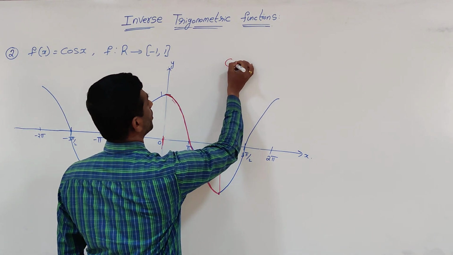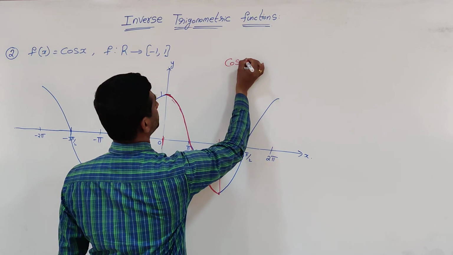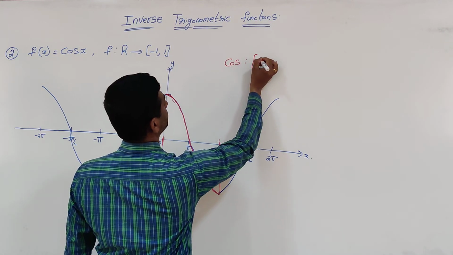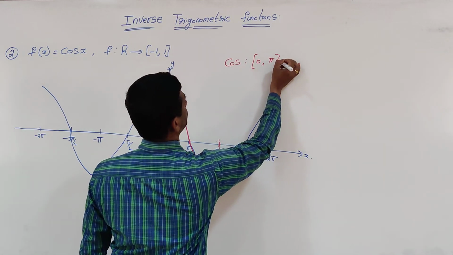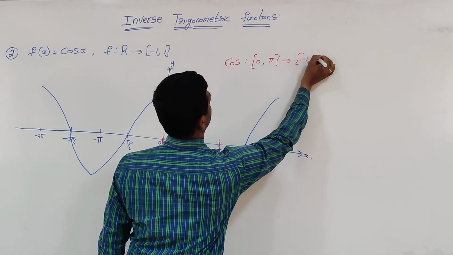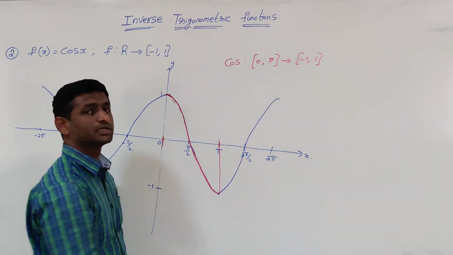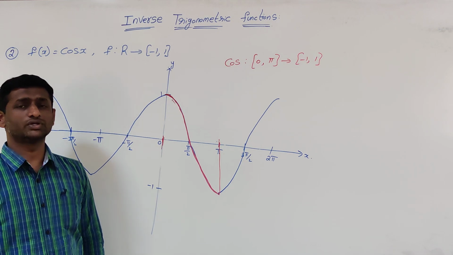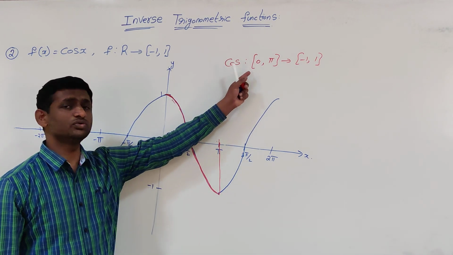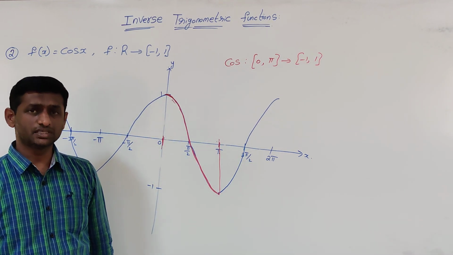If cos is a function from the closed interval 0 comma pi to -1 comma 1, then this function will be bijective. If this is bijective, then the inverse exists.